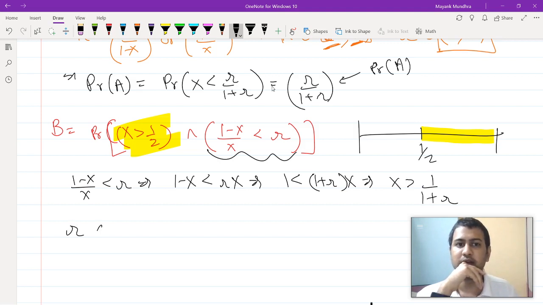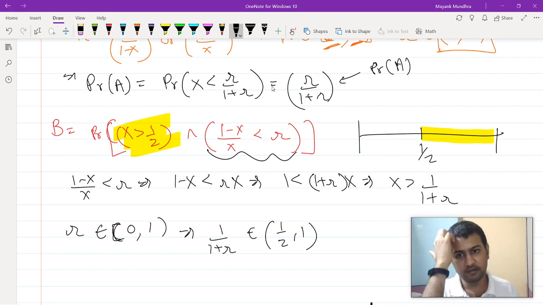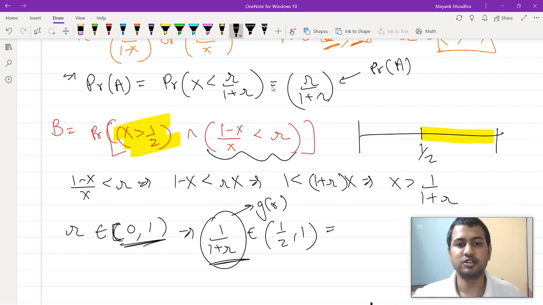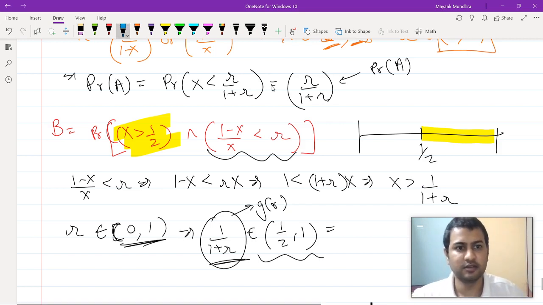Now remember that r belongs to the set 0 to 1, which implies 1 upon 1 plus r belongs to the set half to 1. So for r values between 0 and 1, let me call 1 upon 1 plus r some function g of r. So my g of r is in the range half to 1, so g of r will be somewhere here.